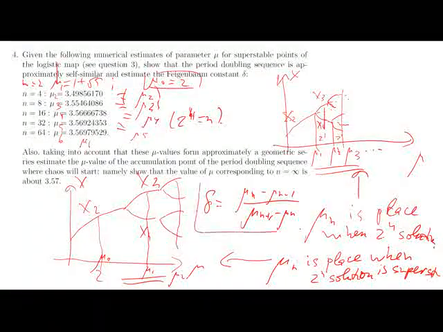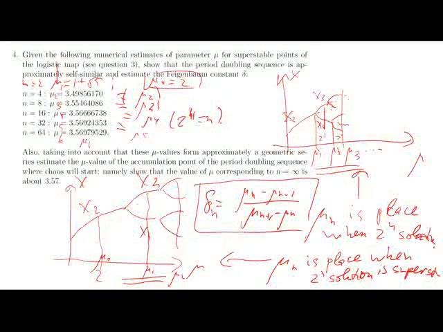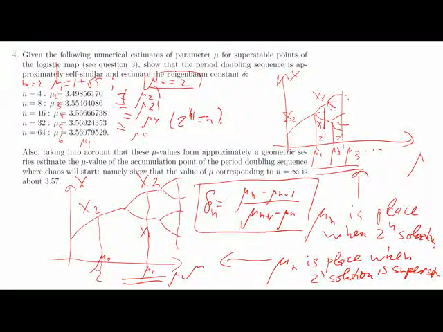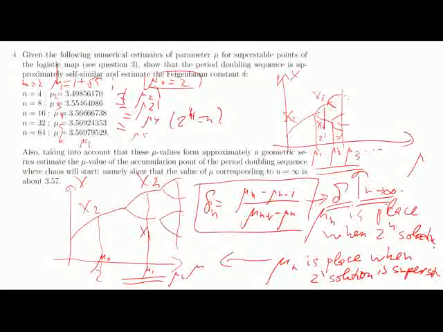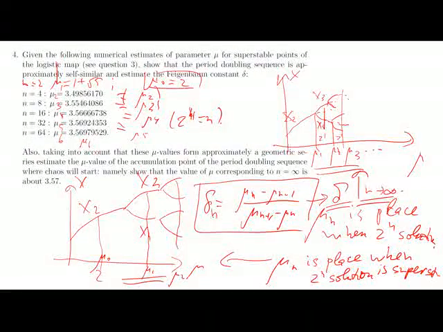This is how you find delta, and let's call this delta n. Then these deltas converge to a constant, which is called the first Feigenbaum constant. It converges to delta when n tends to infinity. And so your task here is to find the values of delta.